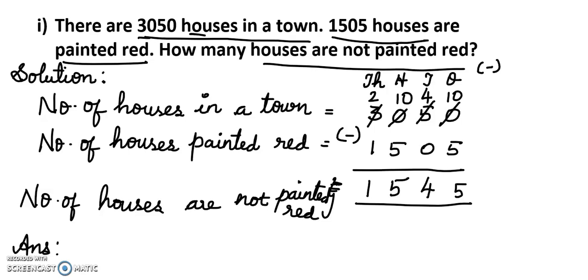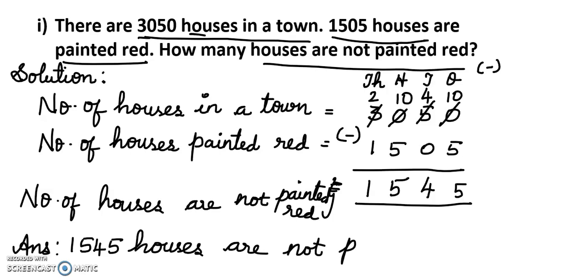So the answer: 1545 houses are not painted red.